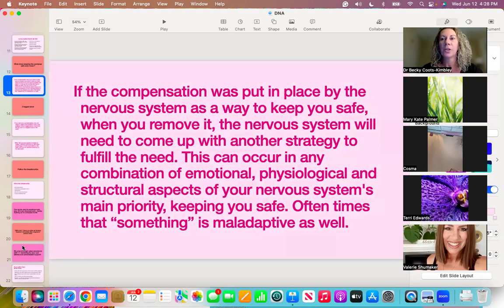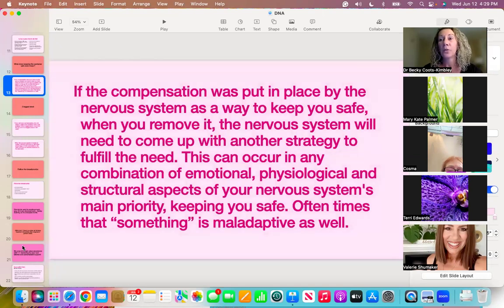So this will start to explain why, let's say you go see some type of therapist and you leave feeling worse. This is the principle behind that, because something was removed that your nervous system was not ready for yet. It was using that as an adaptive strategy to keep you safe.